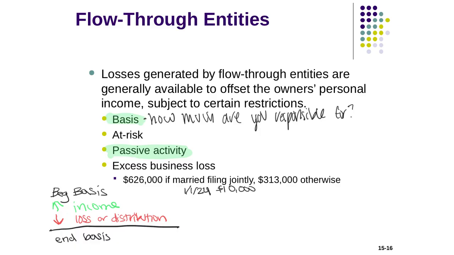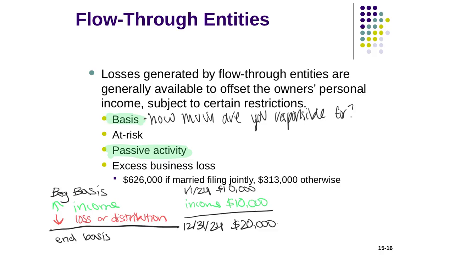Let's say for 2024, we had income of $10,000. Our ending basis for 2024 becomes $20,000.